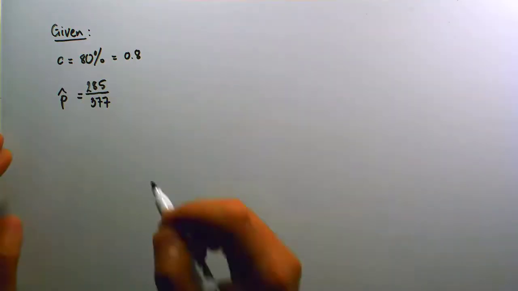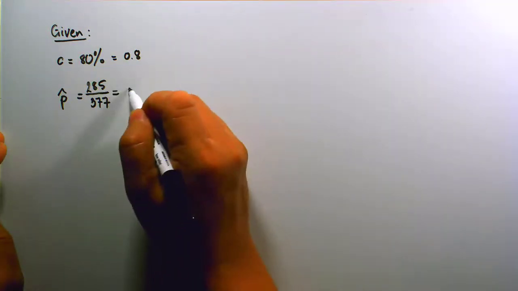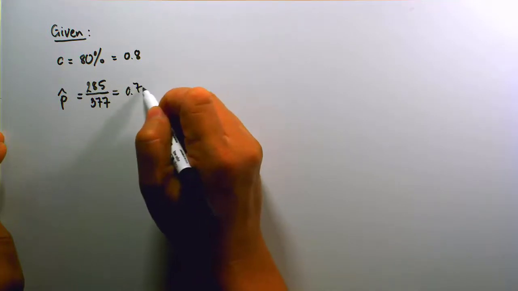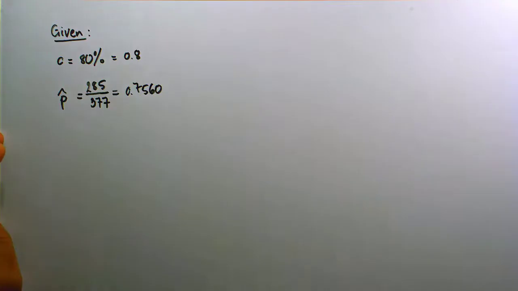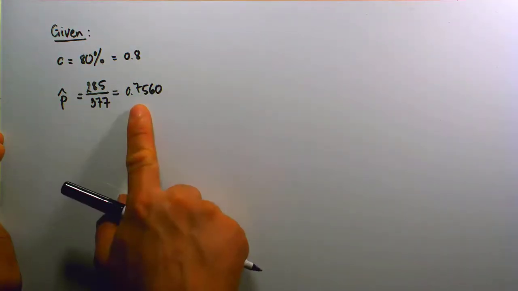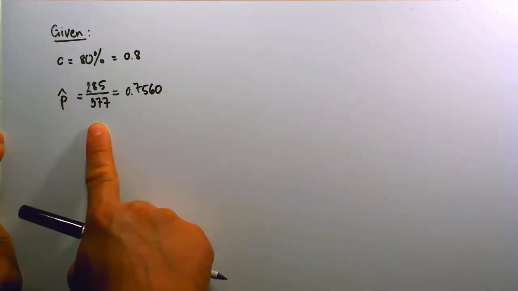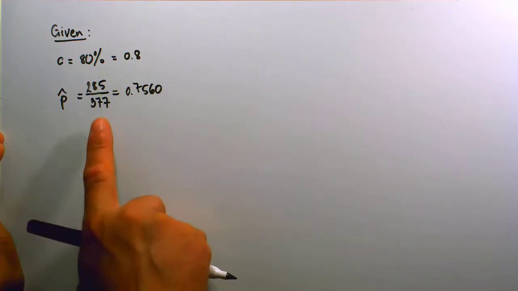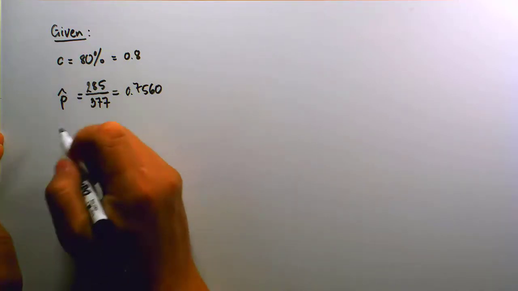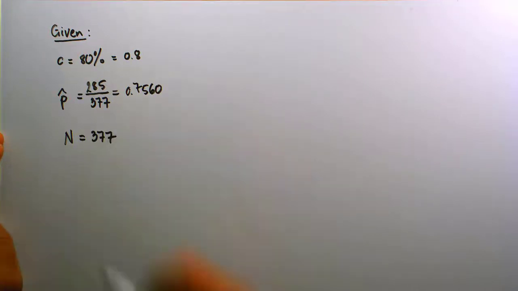In decimal, in 4 decimal places, this proportion is 0.756, or about 75.6% here. But this is only a sample proportion, so I have to remind everybody of that. And of course, the sample size here is 377. And that is everything we need right here. So that is the given information.